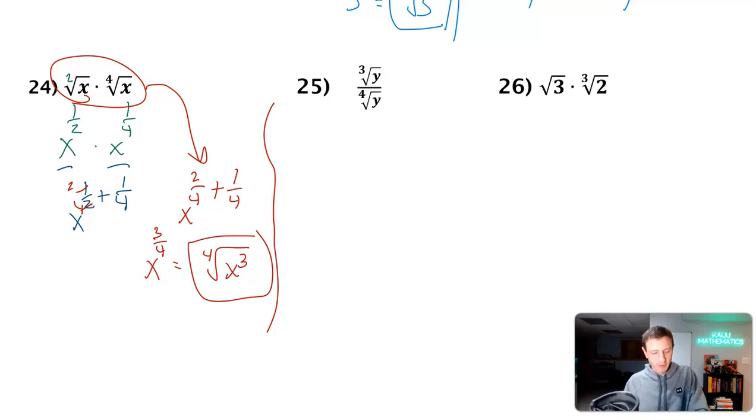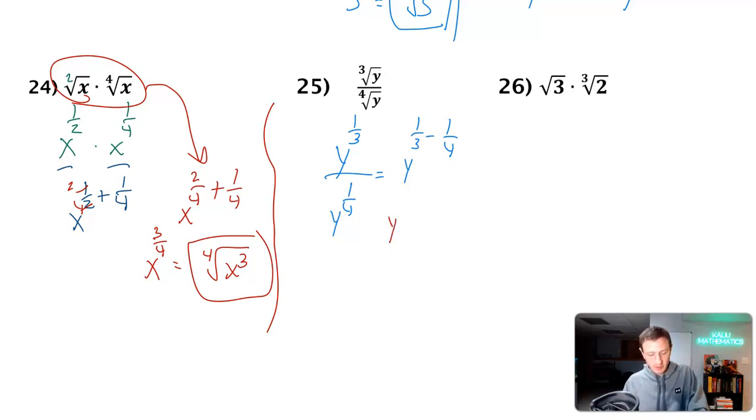25, the 3rd root, or the cube root, excuse me, of y over the 4th root of y. So do the same thing, just start rewriting. So this is going to be y to the 1/3 over y to the 1/4. What do I do when I'm dividing by the same base? I subtract. So this is going to be y to the 1/3 minus 1/4. Make the denominators 12.